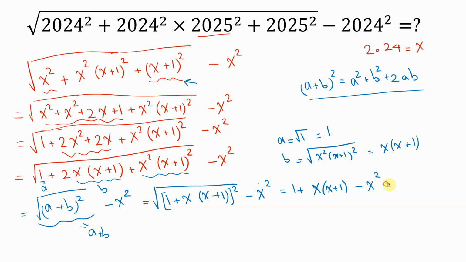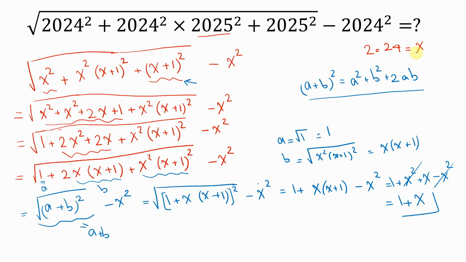If you simplify this, 1 plus x squared plus x, minus x squared. So these two cancel out, and we are left with 1 plus x, which is our answer for this equation.